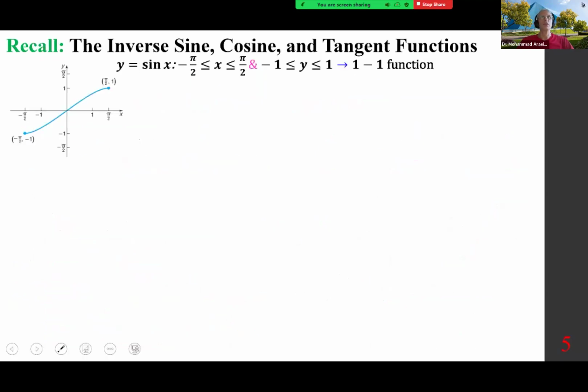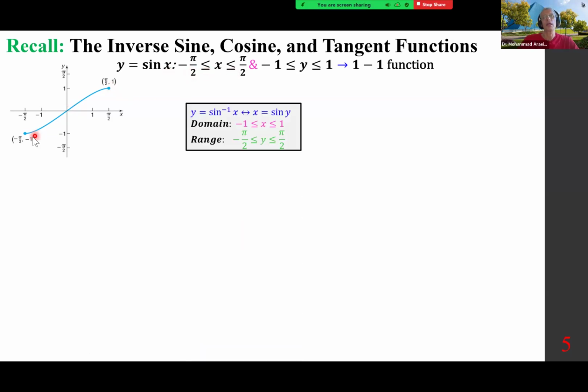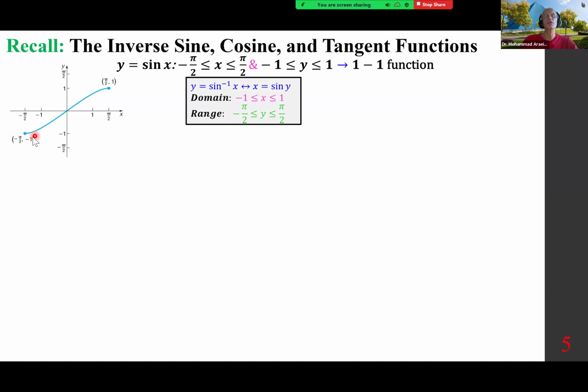Reminding you of the inverse functions. None of the trigonometric functions are invertible because all of them are periodic and all of them fail the horizontal line test. Therefore, we have to restrict the domain, in the case of sine from minus pi over 2 to pi over 2, and therefore can find the inverse.